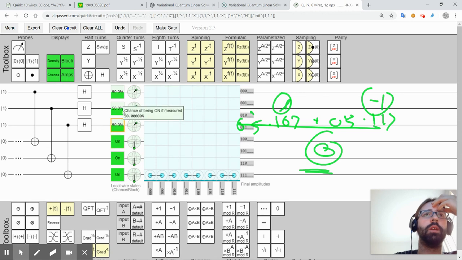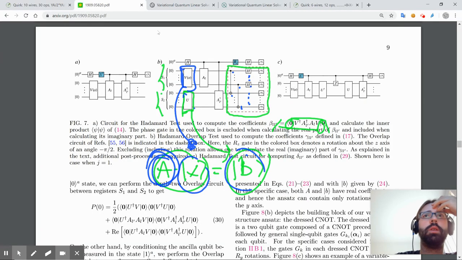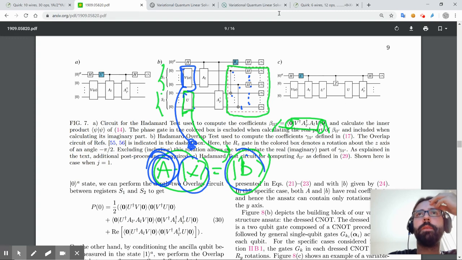So what is this telling me? This should somehow tell me that they are not equal. If, no, that's also not, if they are equal, it's still 50-50. How does this work?